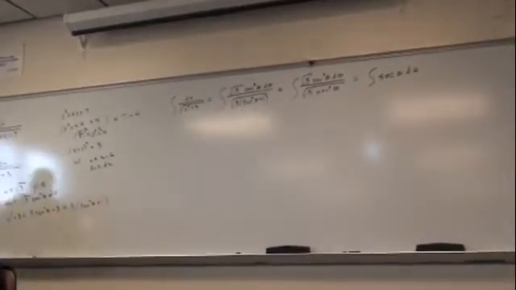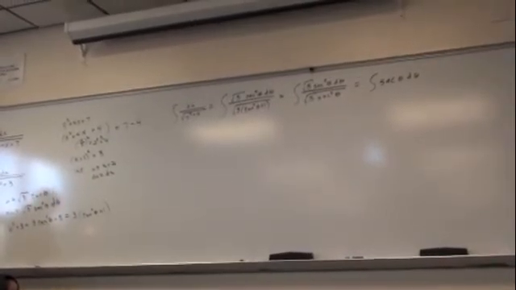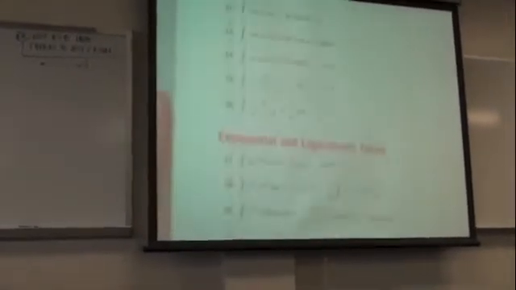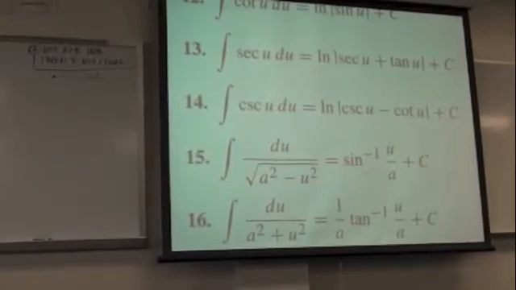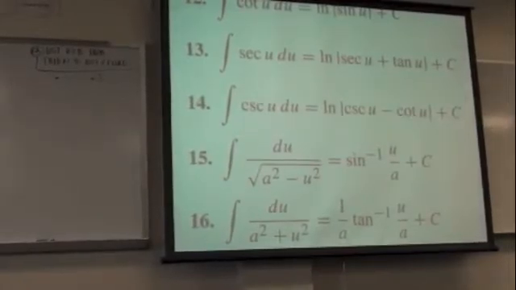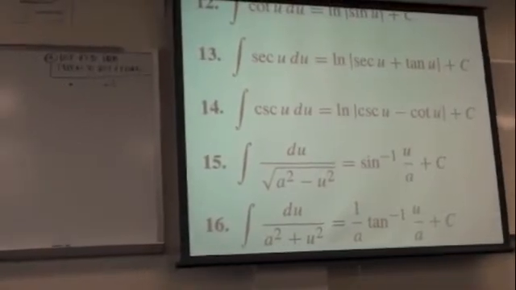So this is one of those where we have to use our formulas. I'll say, should be under trig formulas. Actually, it's more basic than that. It's one of the first ones. Please notice number 13. The integral of the secant of u with respect to u is the natural log of secant plus tangent, technically inside of an absolute value.